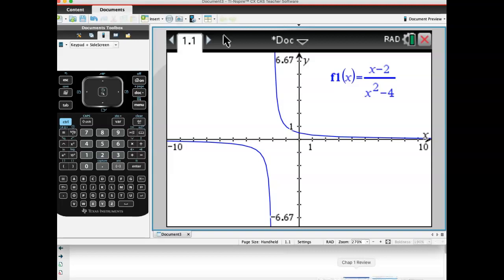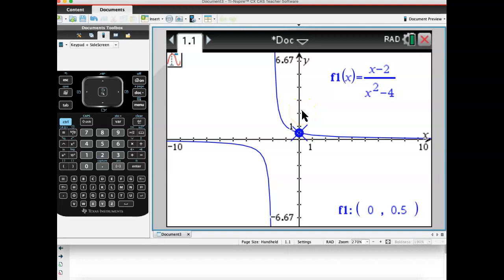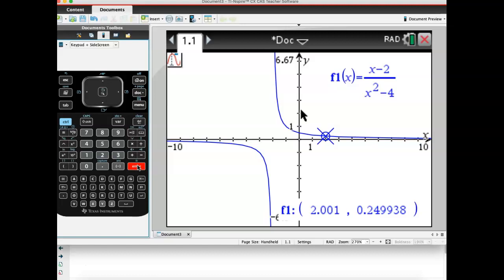If the target value is 2 and I am on the right side, I'm going to say menu, trace, graph. If I'm on the right side of 2, that's just a little bit bigger than 2, so maybe 2.001. Enter. Oh, I see it, 0.24998. How about 2.00001? Getting closer and closer.